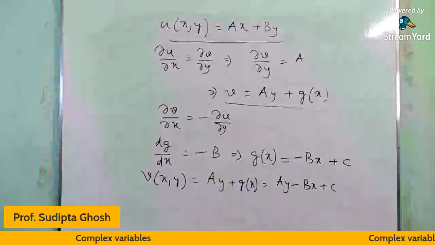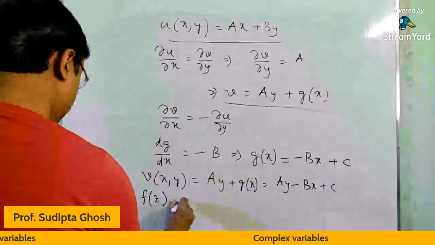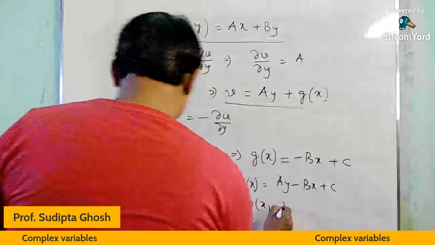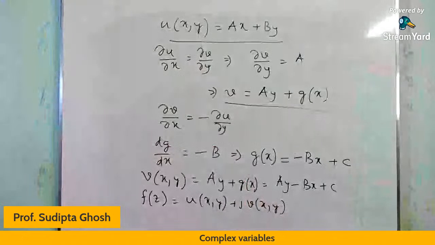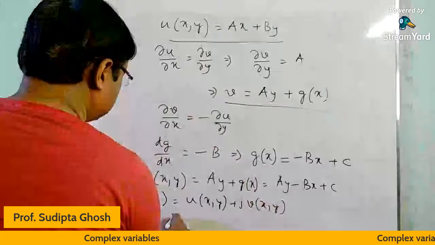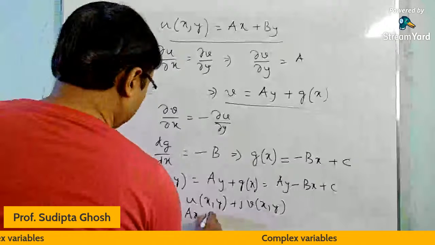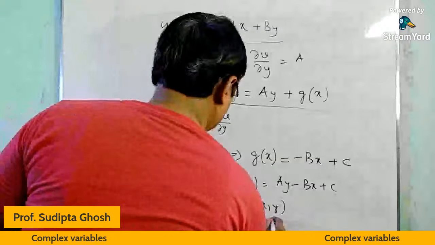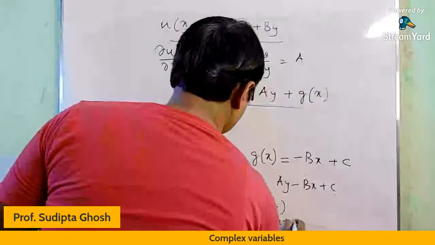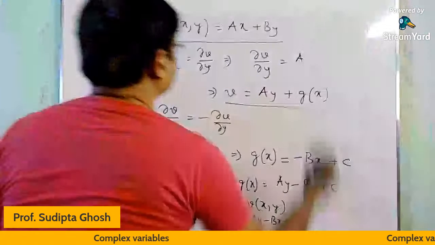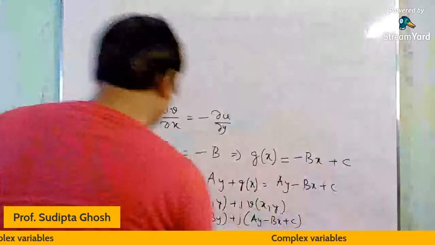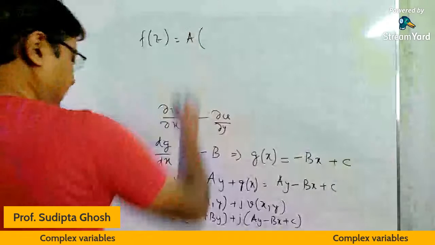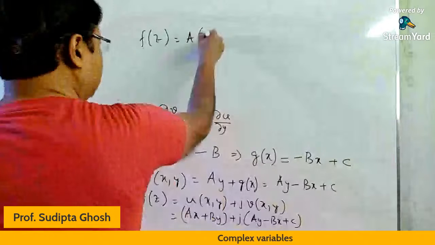Now f of z means u(x,y) plus j v(x,y). So u(x,y) is ax plus by, plus j times (ay minus bx plus c). Taking a constant, we get a(x plus jy).